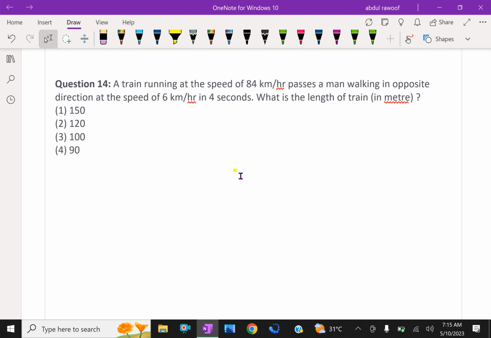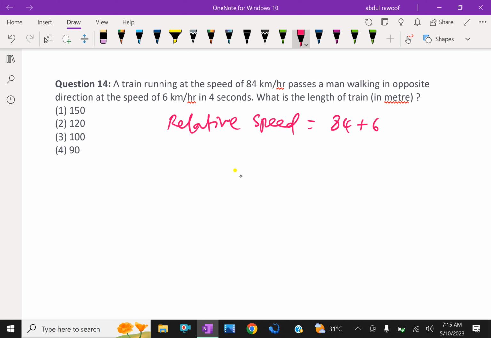Therefore, relative speed is 84 km per hour plus 6, 90 km per hour.